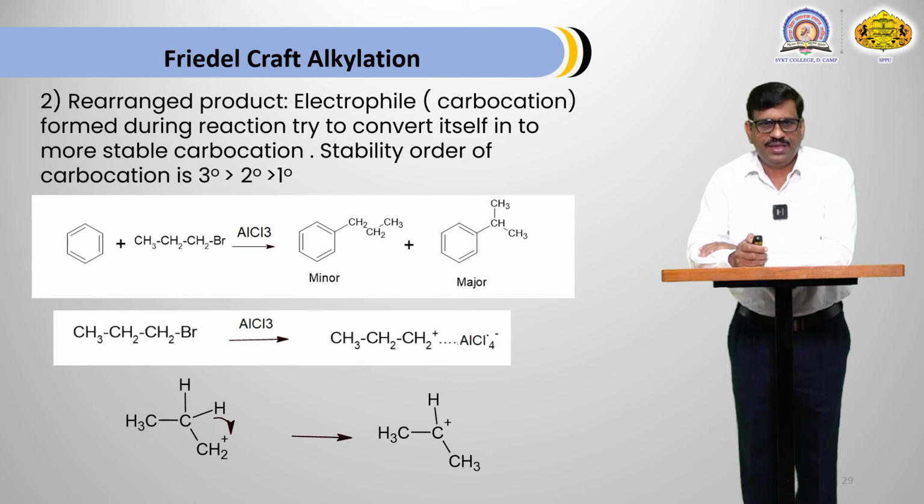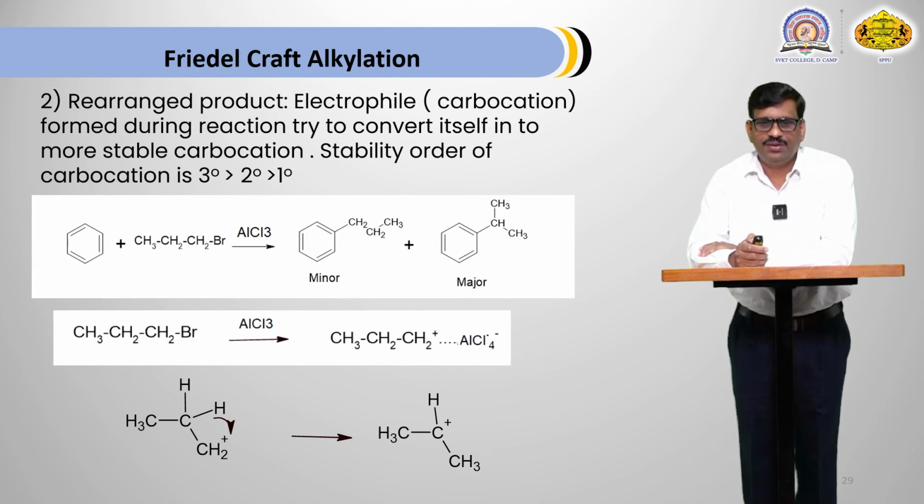In this case, benzene reacts with propyl bromide in presence of AlCl3. Two products are obtained. The first product is the normal product and the second product is the rearranged product. When that propyl bromide reacts with AlCl3, there is formation of carbocation. This carbocation is a primary carbocation.